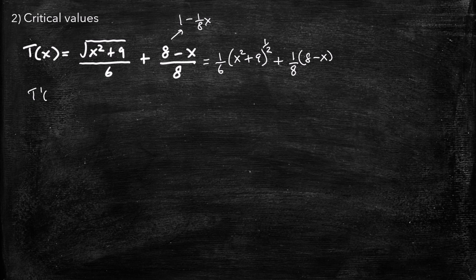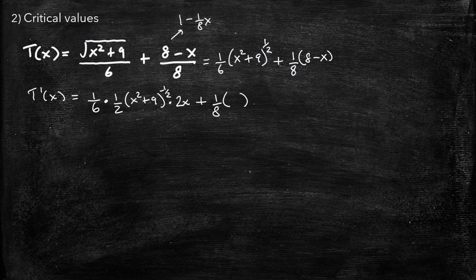So the derivative would be, so we have the 1/6. If we look at x squared plus 9 to the half, by the power rule and the chain rule, we'll have half times x squared plus 9 to the minus half, times the derivative of the inside function, which is 2x. And then we have plus 1/8, which is a constant, so we can ignore that for a moment.